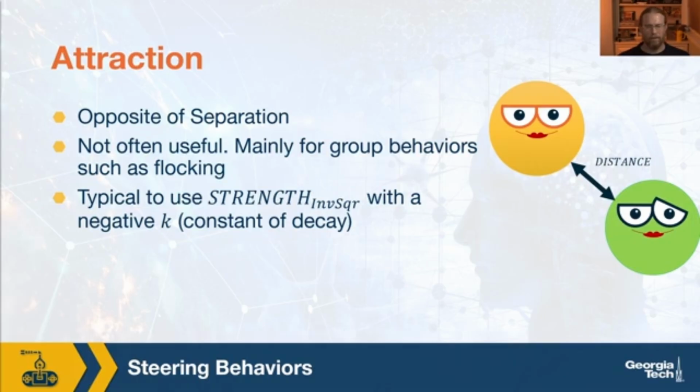And so that will just make the force in the opposite direction, pulling together. And we would probably balance that with a separation force. So if it gets too far away, we're pulling something in, but if it gets too close, we'll push it away. And that's one of the key features of Boids.